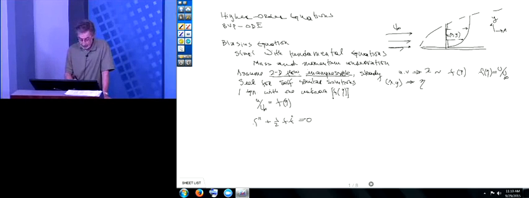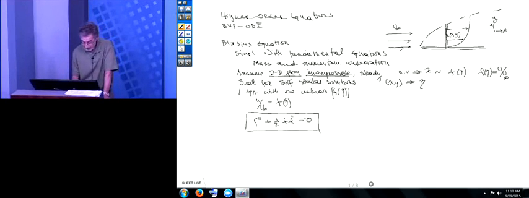All right, so obviously we need boundary conditions for this. The first boundary condition is f of 0 is equal to 0. The second, f prime of 0 is equal to 0. Both of these boundary conditions satisfy continuity.